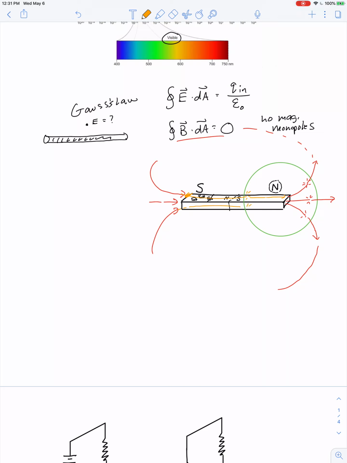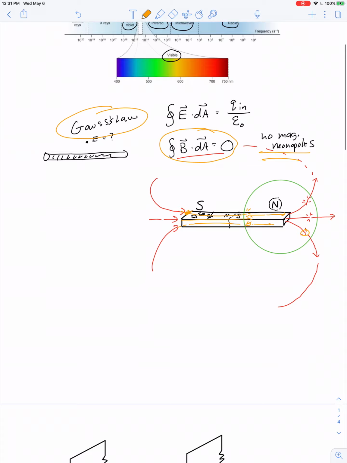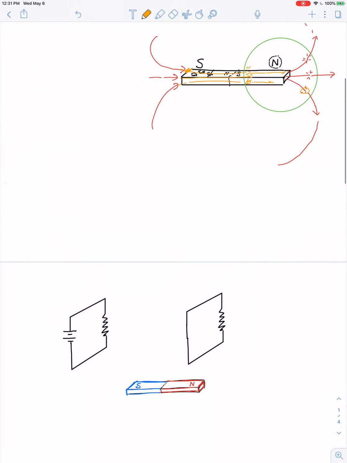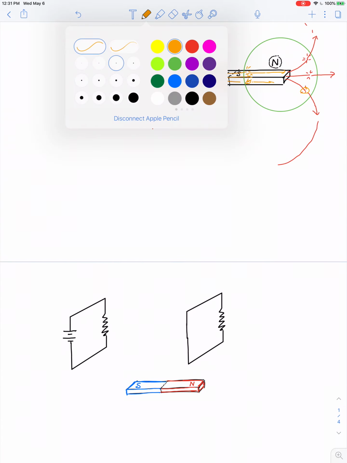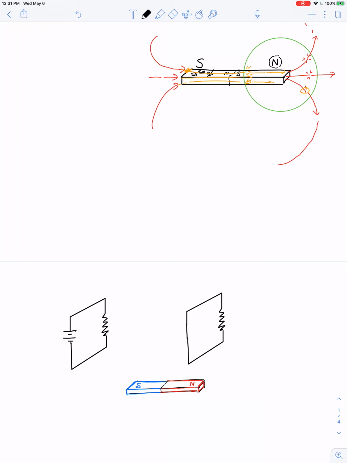So for every bit of outward flux, there's some inward flux to cancel it out, and so the net flux indeed is 0 due to the fact that there are no magnetic monopoles. So we're going to employ Gauss's law in our study of electromagnetic waves. We'll also apply, what are some other key laws we've described along the way? How about Faraday's law? That'll certainly come up again in this unit.